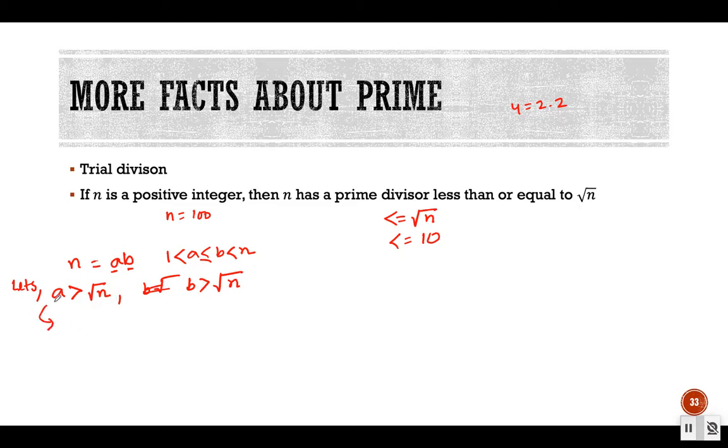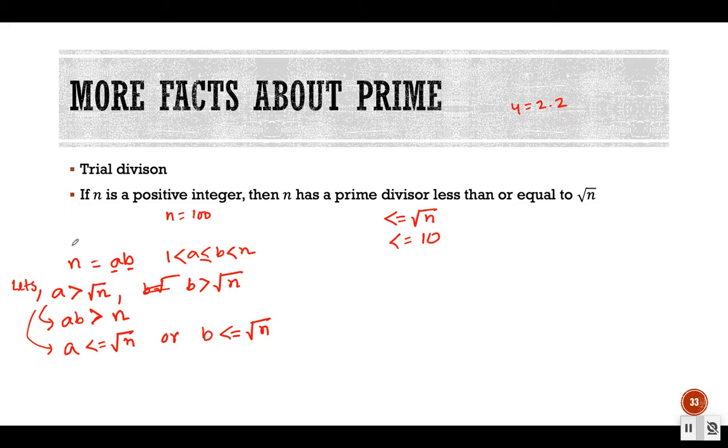So what does that tell us? ab has to be greater than n. But this is a contradiction. ab cannot be greater than n, ab is the same as n. So that tells us that a has to be less than or equal to the square root of n, or b has to be less than or equal to the square root of n.